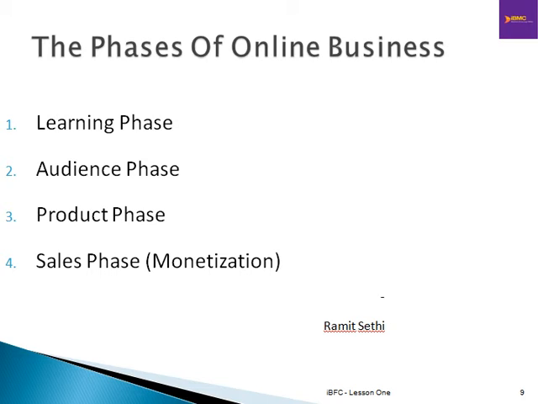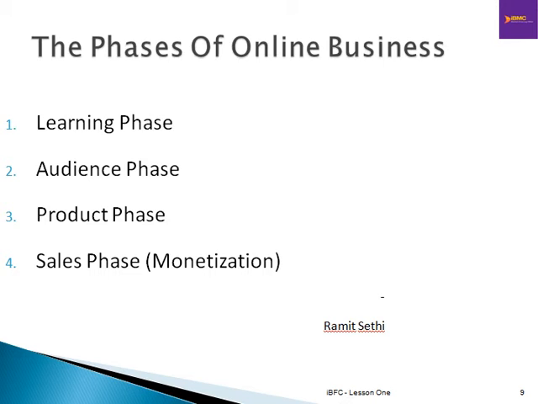So the phases of online business. If there's only one thing you are taking away from this lesson, this is what I want you to know. The phases. Online business has phases. I personally did not know at the beginning. When I started out, I did not know the 4 phases which one of my teachers, Ramit Sethi, taught us, and I'm teaching you now.